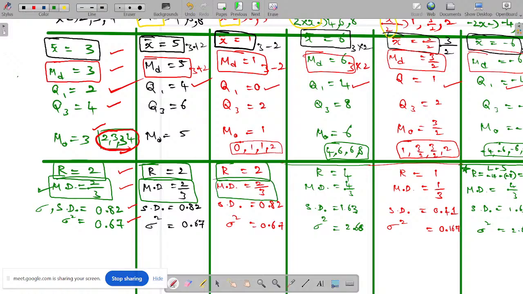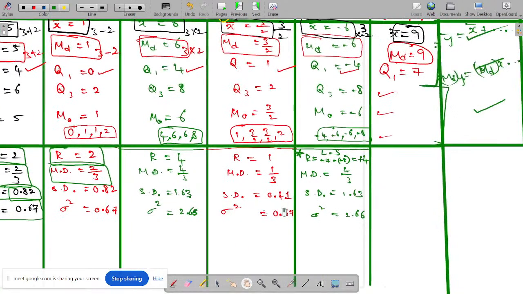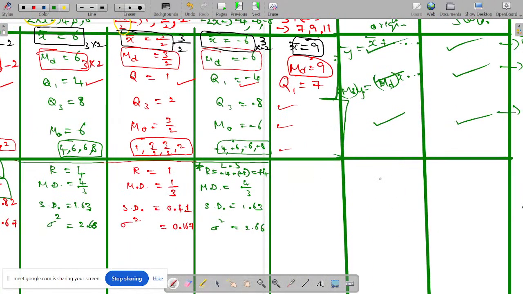Mean deviation for subtracting 2, no change. Likewise, standard deviation 0.82, 0.82, no change. Variance 0.67, 0.67, no change. This is for the case of change of origin. Let me write it over here. So, does it get affected due to change of origin? No.